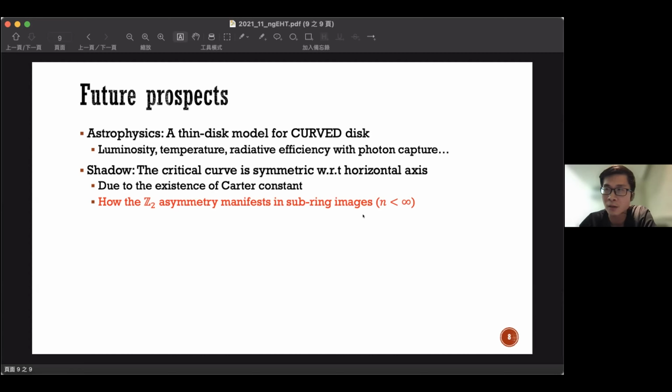And I'm not very familiar with the triaxial property, but perhaps there could be some difference between these two scenarios. But yeah, I would say in this case, this Z2 asymmetry is likely to be due to some fundamental physics. Thank you.